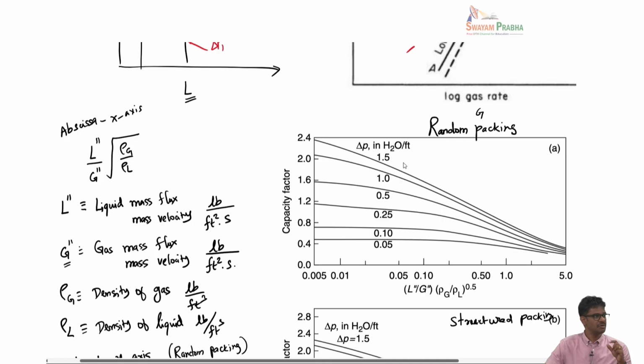Because it is per foot of packing, the total length of the packing is not important. Thereby we are actually reducing 1 degree of freedom here. Also, even though it is given as delta P, it should be delta P by L or delta P by Z, where Z is the height of the packing.